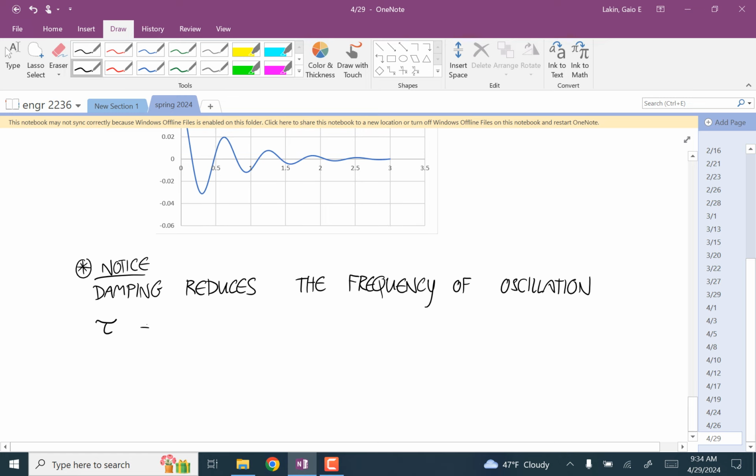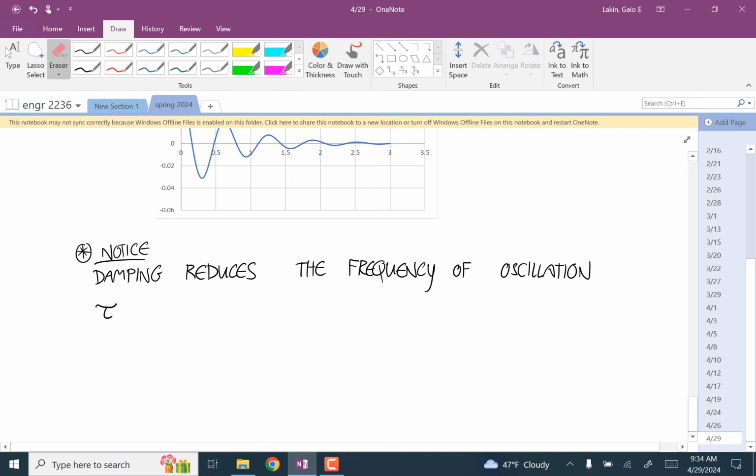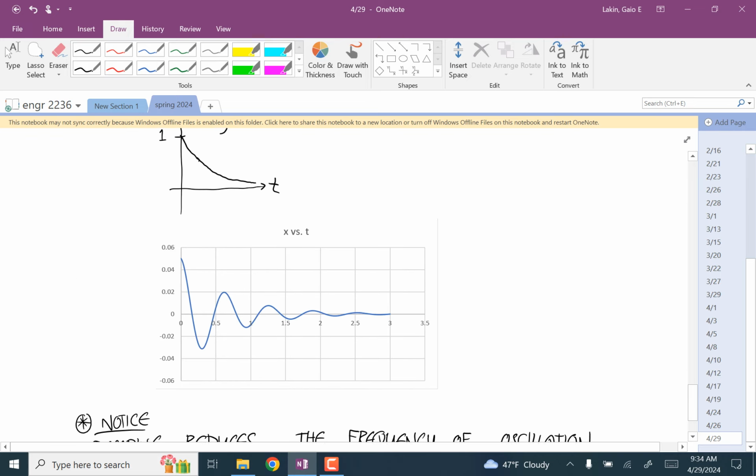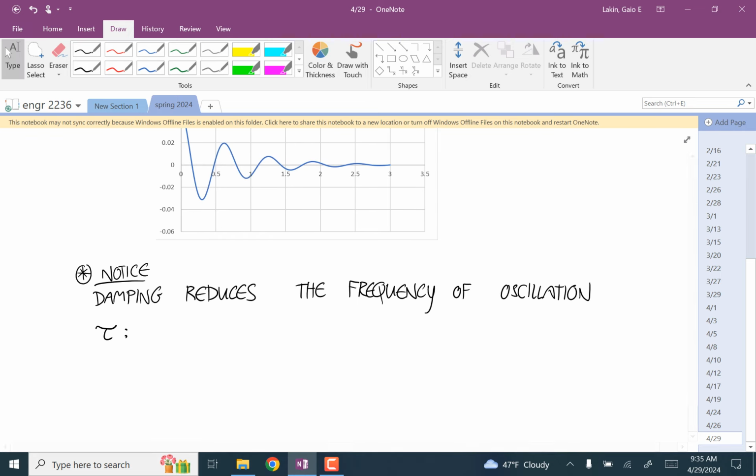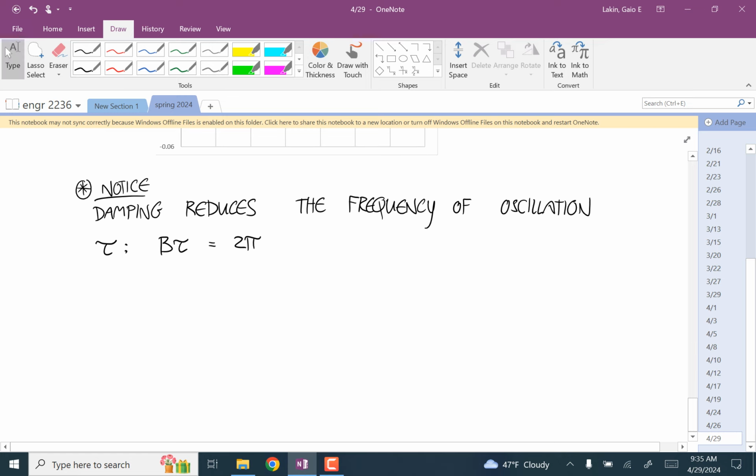the period first we can calculate by saying B times tau is equal to 2 pi. Okay, and B was equal to the square root of 4km minus c squared, all over 2m.